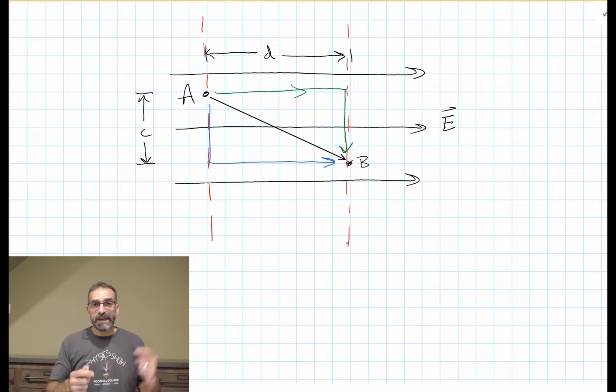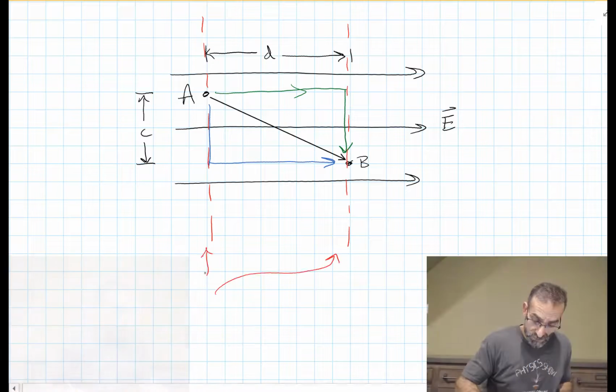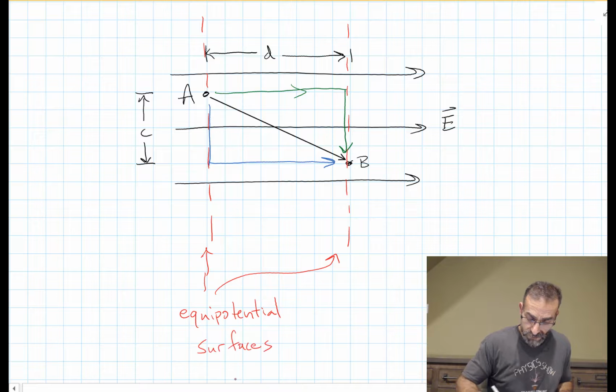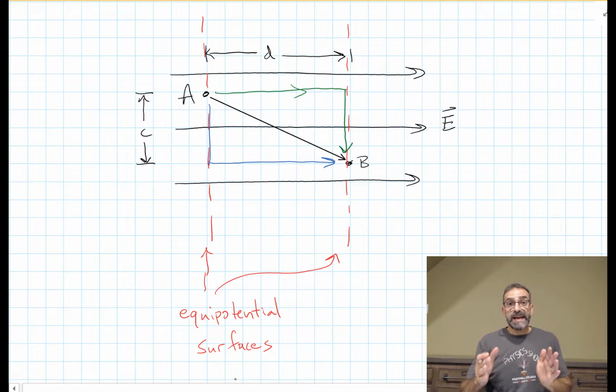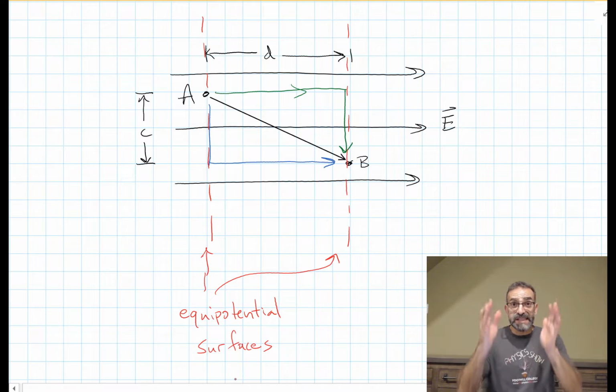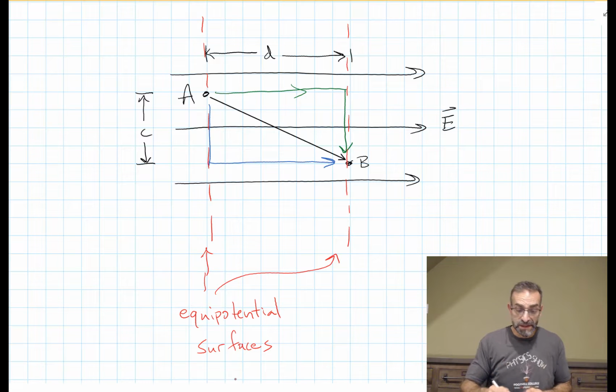The electric field points in the direction of lower potential. So if we're not moving along the electric field line, if we're moving perpendicular to it, the potential can't change. So those are called equipotential surfaces. The potential is the same everywhere on those surfaces.